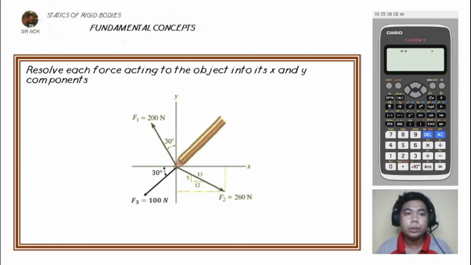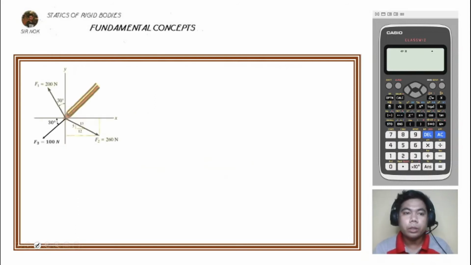Example number 2, resolve each force acting on the object into its x and y components. So we have three forces, so F1 200 newton, F2 260 newton, and F3 100 newton. So first, we're going to solve the x and y components of F1.